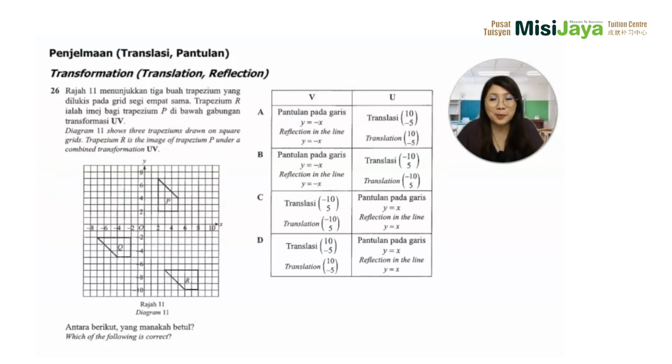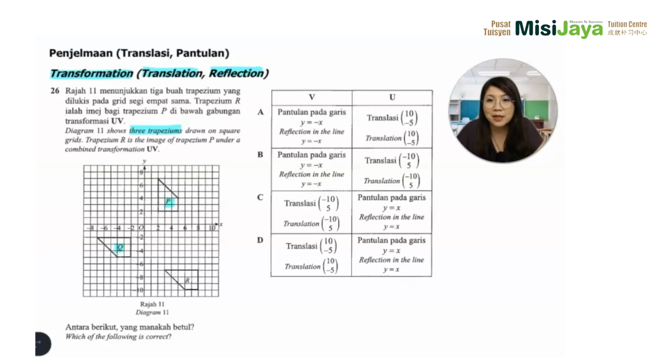This is on transformation, related to translation and reflection. If you look at the answers given, it's either reflection or translation. Let's read on. Diagram 11 shows 3 trapeziums drawn on square grids.